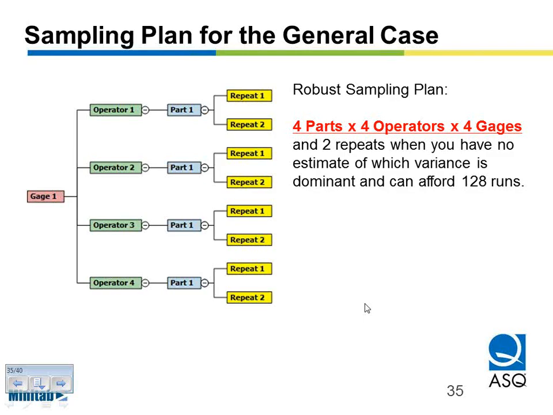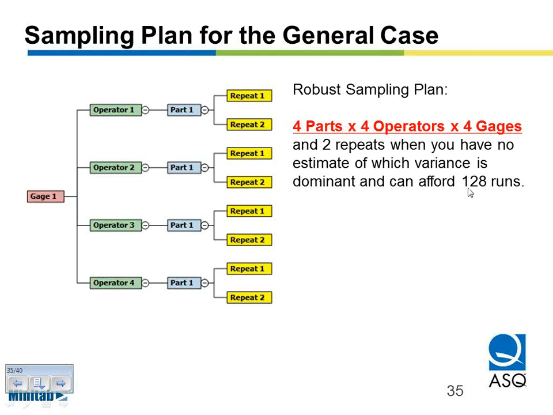That'll give you 64 degrees of freedom to estimate the repeatability. That'll be plenty of data to estimate the repeatability, and you focused more of your sampling on the operators and the gauges where it counts, where it provides benefit for you, and less on the number of parts where it does not provide any useful information.